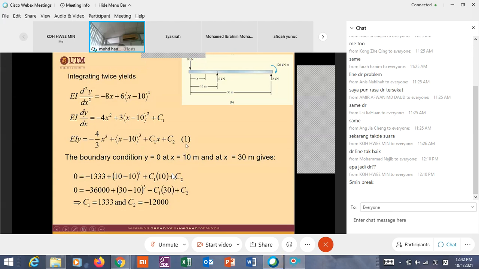What are the boundary conditions? x equals 10 meter, y equal to 0, x equals 30 meter, y equal to 0. So therefore, you have C1 equals 1333 and C2 equals 12,000.